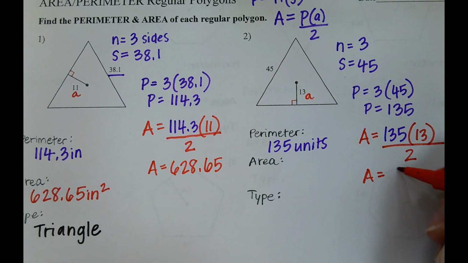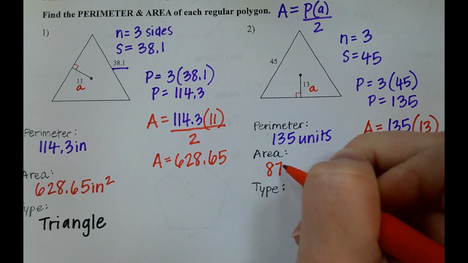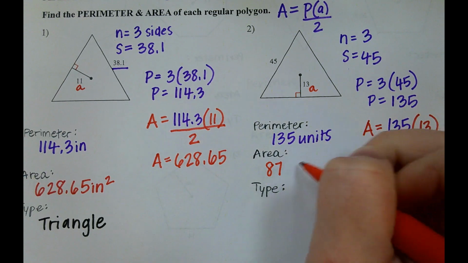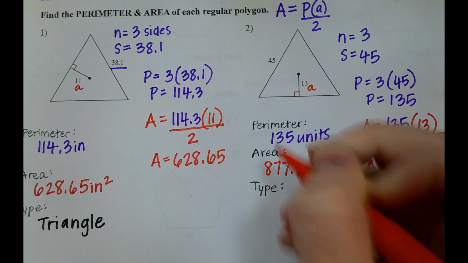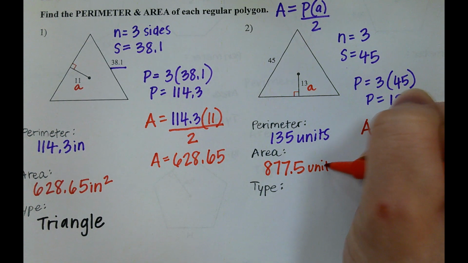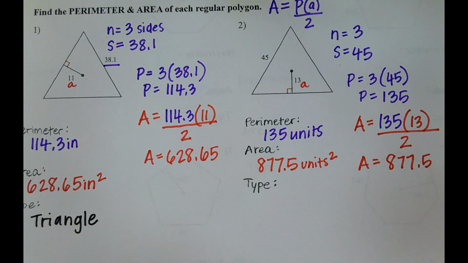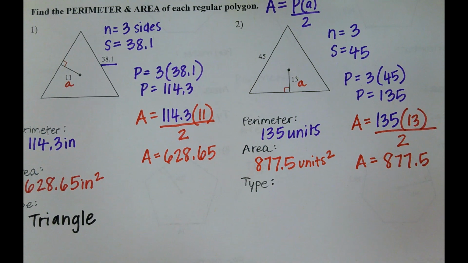We get 877.5. And this time we'll write for our units, units squared. Area is always squared.